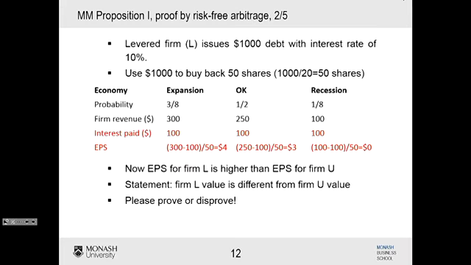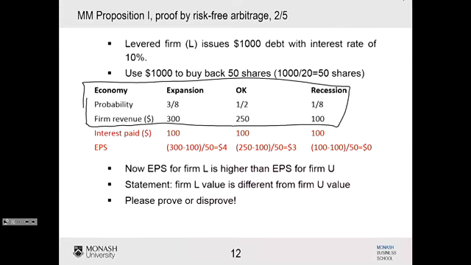And let's see how the firm is going to pay both the dividend and the interest to the investors when the economy is in expansion, okay, or in recession. So the first two lines here are the same as usual. Why? Because you bought the same firm.